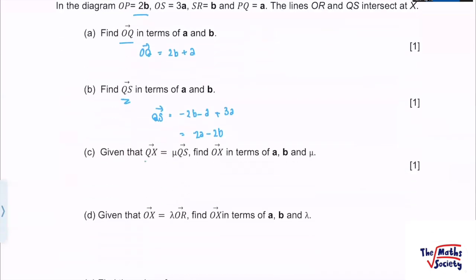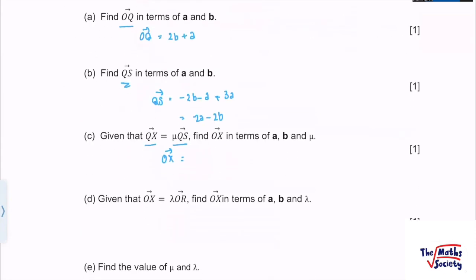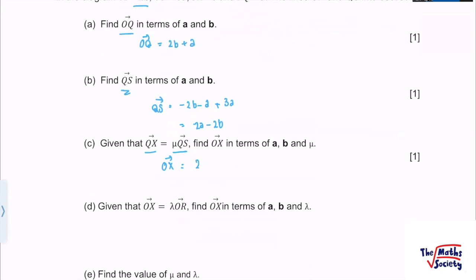And we see that given that QX is equal to mu QS, find OX in terms of a and b. So you want OX, in terms of a and b. So to go to OX, you can go OQ, and then you can go Q to X. So that's going to be 2b plus a plus mu QS.